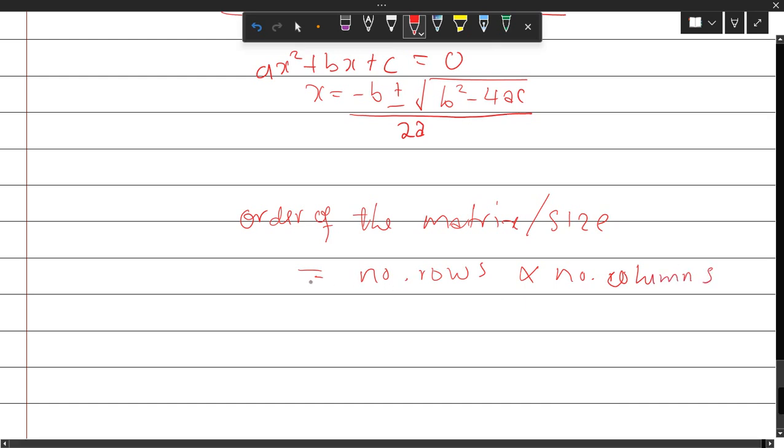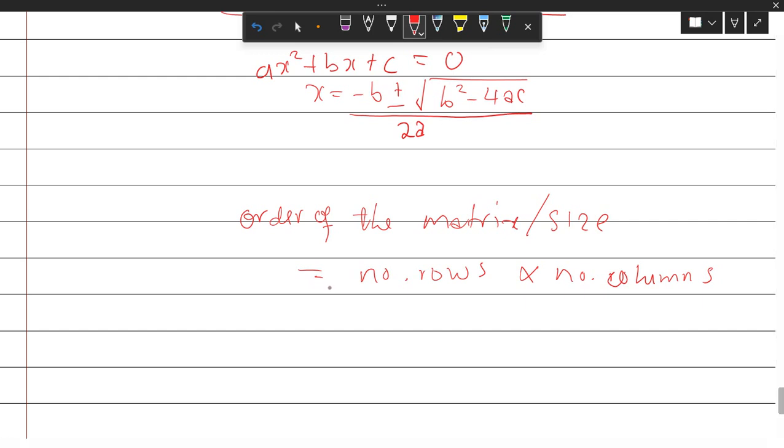I showed in the examples how to get the number of rows and the number of columns, and also how to get the determinant.